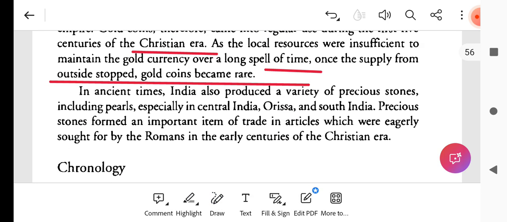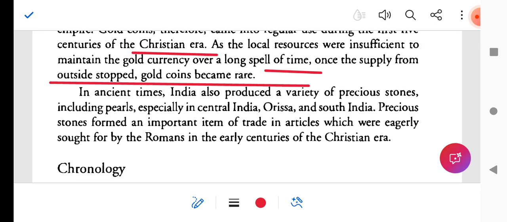India also produced a variety of precious stones, including pearls, especially in central India, Orissa, and South India. Precious stones formed an important item of trade, eagerly sought by the Romans in the early centuries of the Christian era.